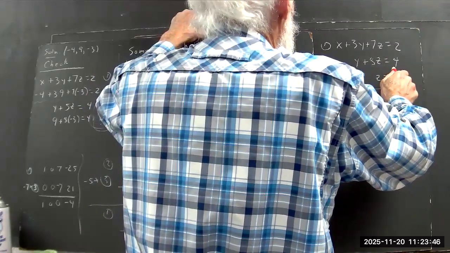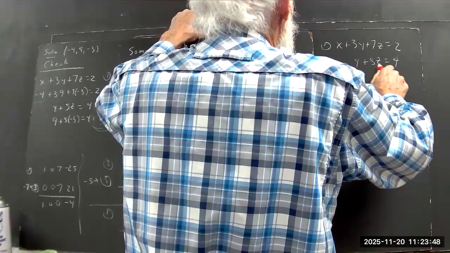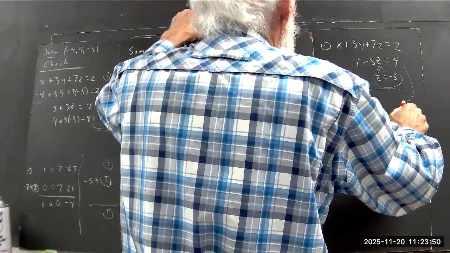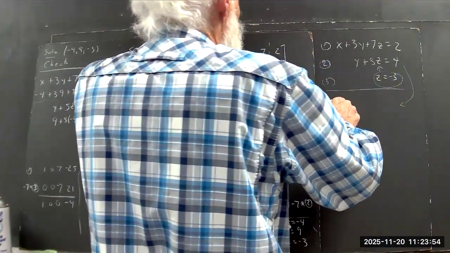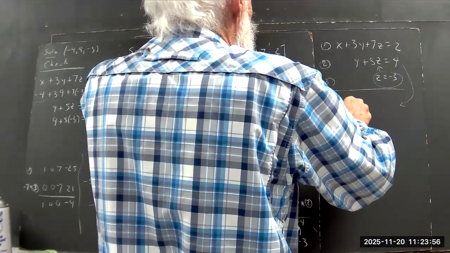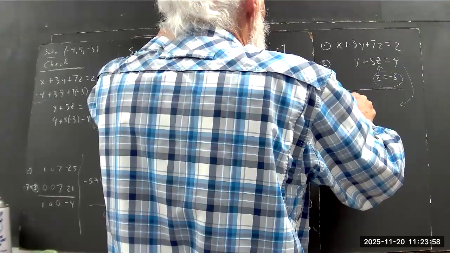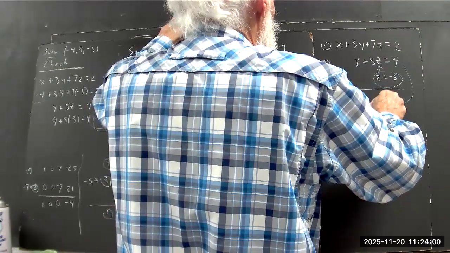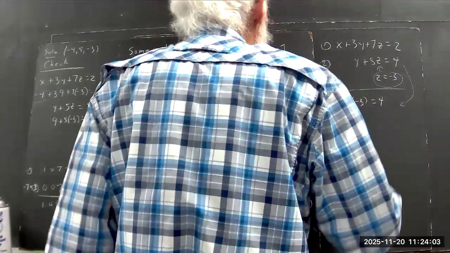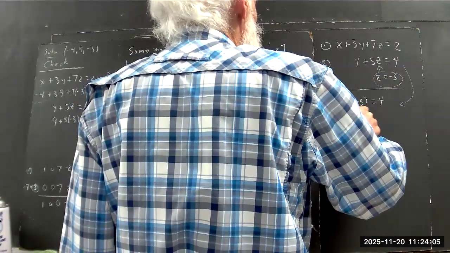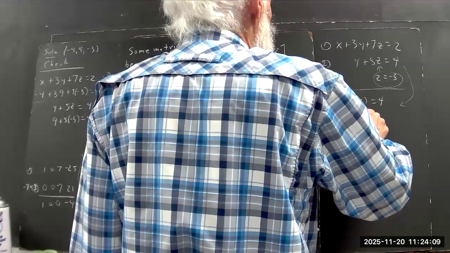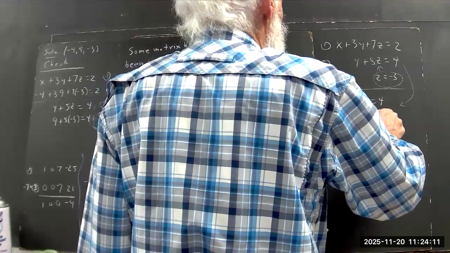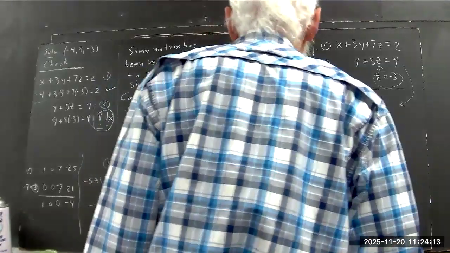Well, we plug this in for z, and we get y plus 5 times -3 equals 4. 5 times -3 is -15. That's going to give us y equals 19.